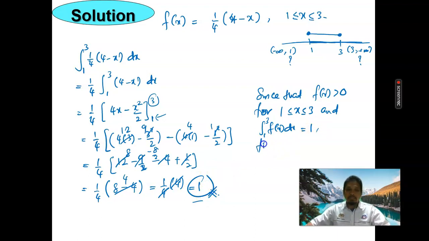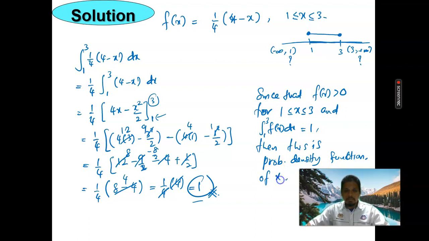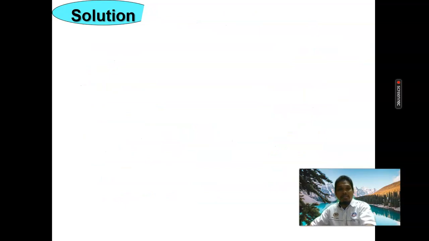Then this is a probability density function of x. Okay, there you go.